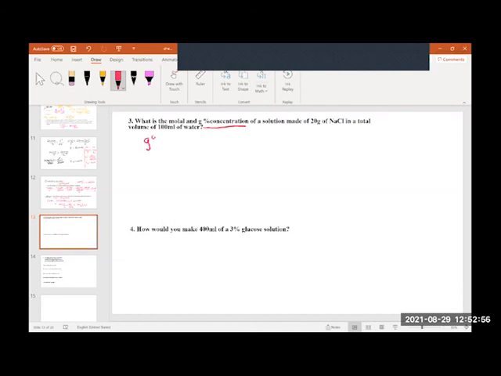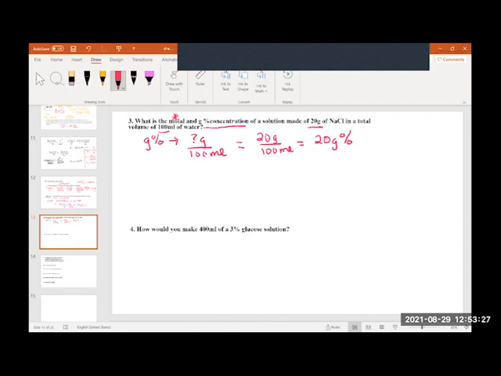Gram percent means how many grams do you have in 100 milliliters of solution? Well, we're told we're putting 20 grams in 100 milliliters. So that's easy. We have 20 grams in 100 milliliters. That means we have a 20 grams percent solution.